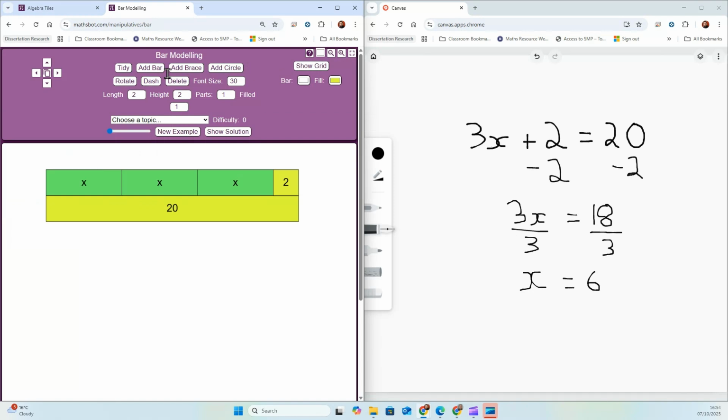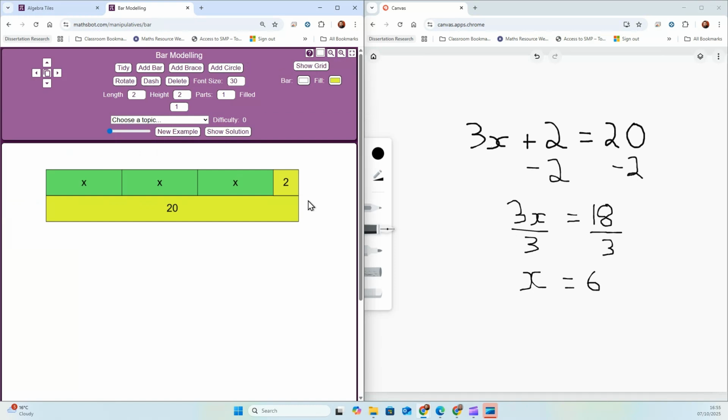The fact that these two lines, the top line and the bottom line, are of equal length, i.e. equal measure, makes the equality between the expression 3x plus 2 seen on the upper bar and the expression 20 seen on the bottom of the bar model an implicit part of the model. In terms of the way of approaching the solution and modeling the solution of an equation like this, it proceeds in much the same way.